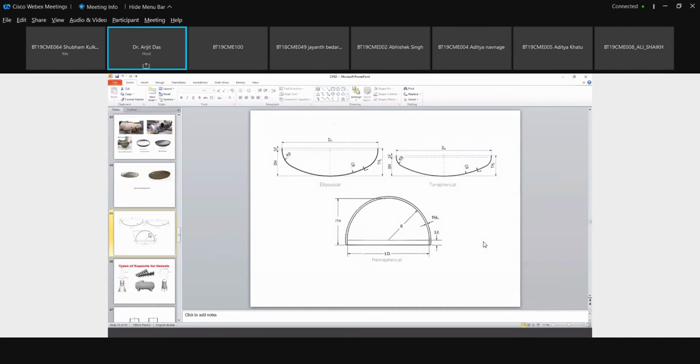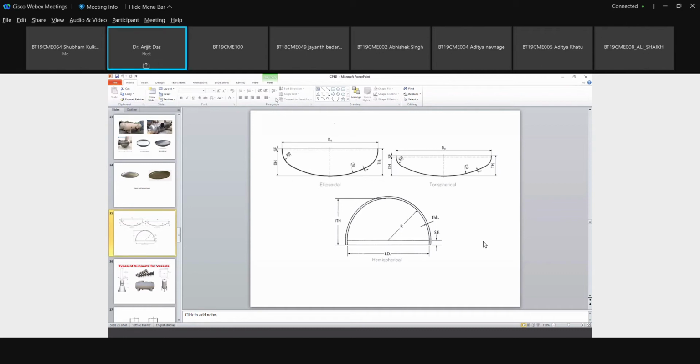If you see this figure, this is the order of formed heads: ellipsoidal or toruspherical, and hemispherical. Hemispherical is a perfect hemisphere having a diameter equal to the diameter of the shell. Now any formed head has a disc with a fixed radius.